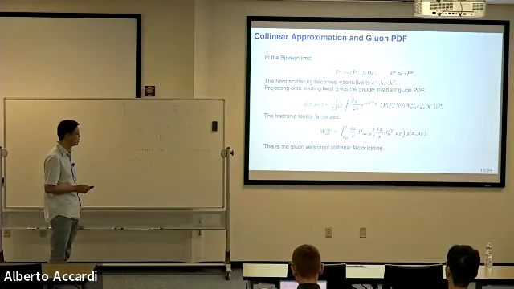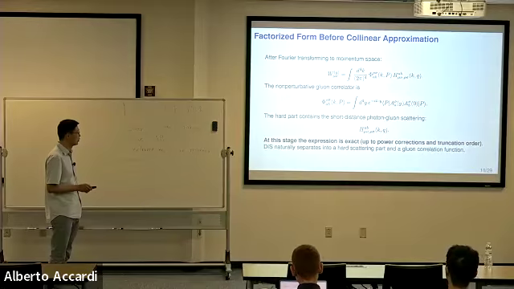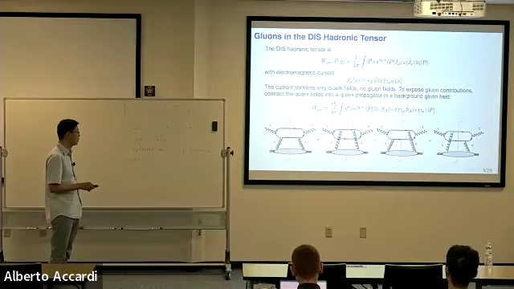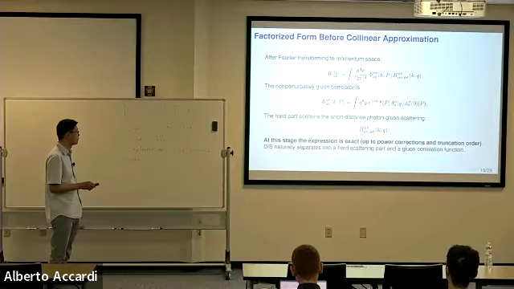This is not easy, because this is the field strength tensor, F mu nu with the plus i component, while in this diagram calculation you only have the gluon vector potential.